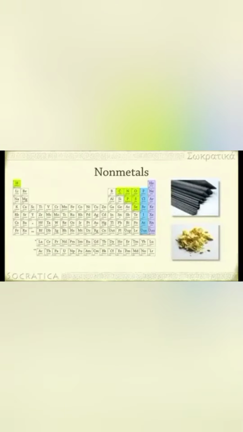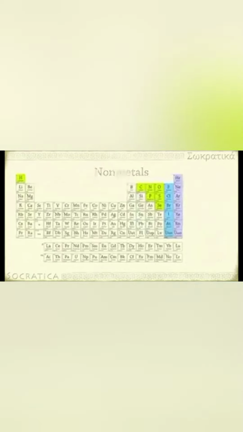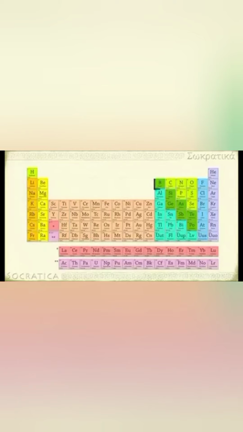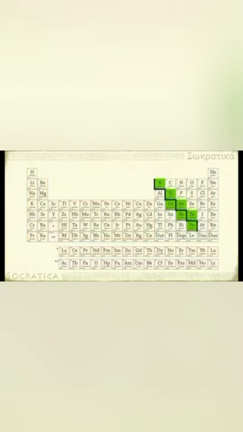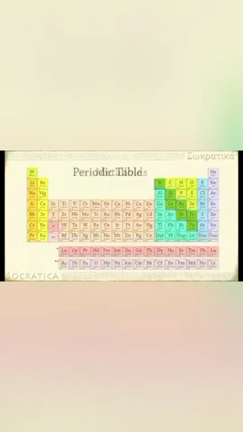Nonmetals generally are not shiny and are not good conductors of heat or electricity. The dividing line between metals and nonmetals on the periodic table is drawn as a thick staircase. The elements found on either side of that staircase are often called metalloids, and they have properties that fall between metals and nonmetals.